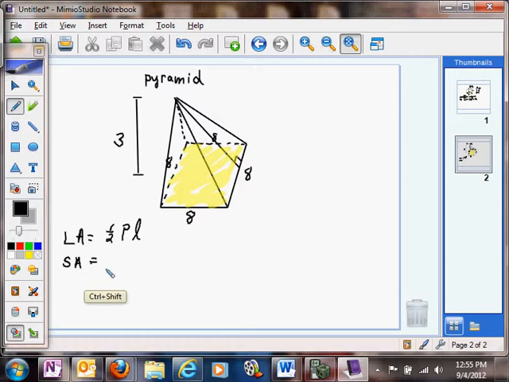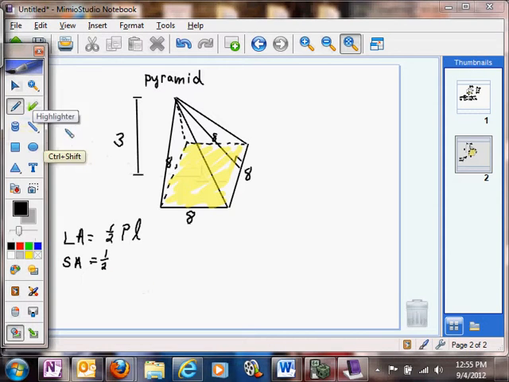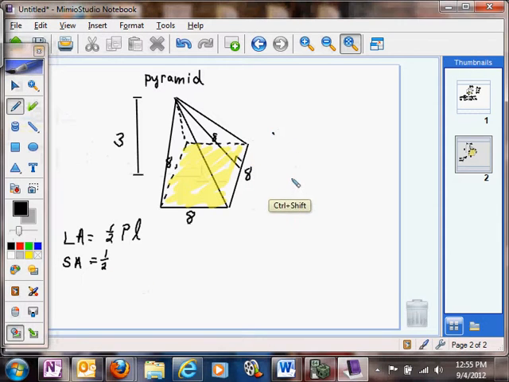And the total surface area of a pyramid is 1/2 times big P times little l plus big B.